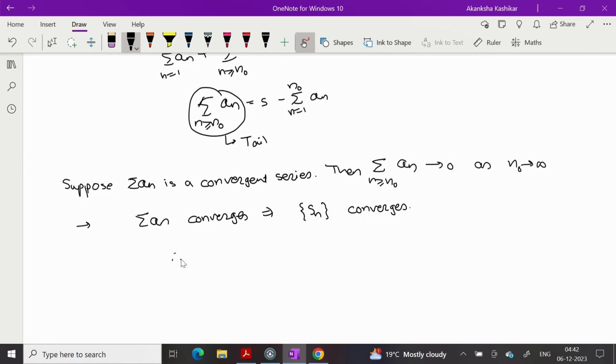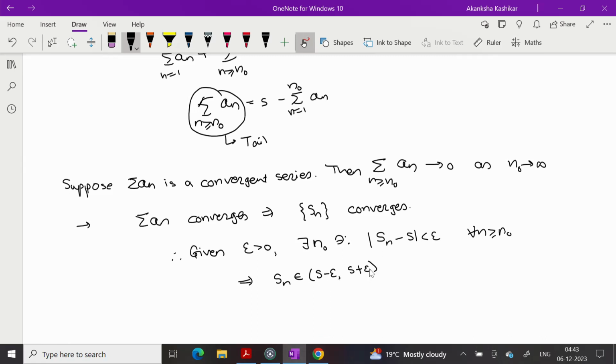Therefore, given epsilon greater than 0, there exists some n naught such that the sequence is Cauchy, that is, such that |Sn minus s| is less than epsilon for every n greater than or equal to n naught, which implies Sn belongs to (s minus epsilon, s plus epsilon) for every n greater than or equal to n naught.